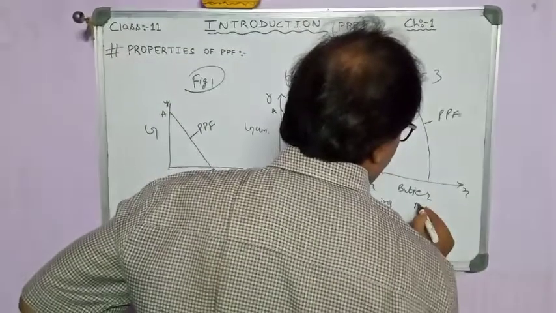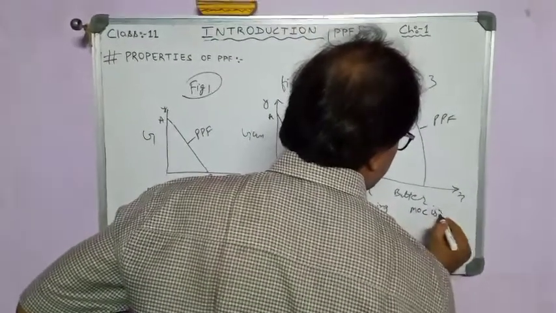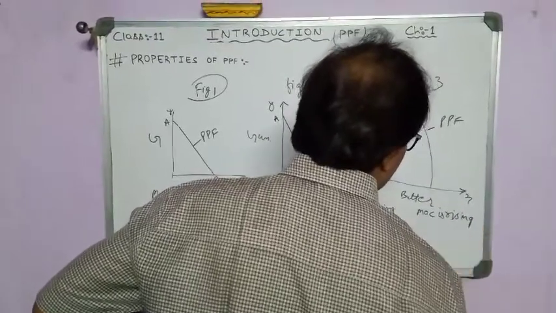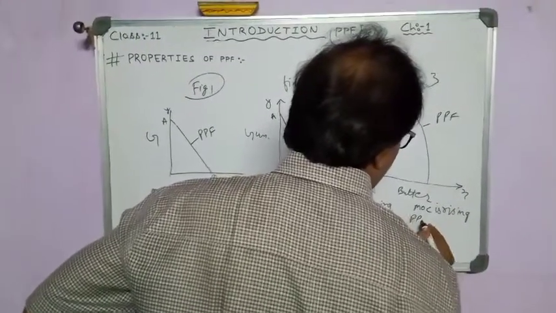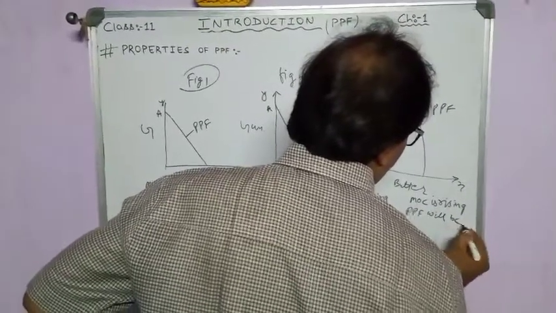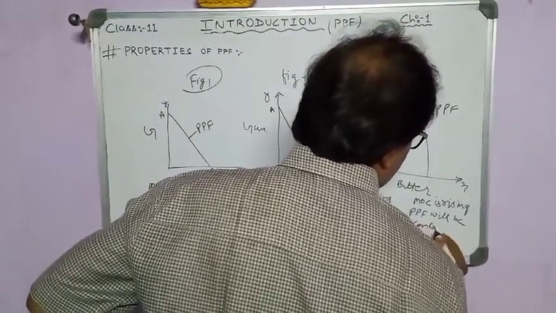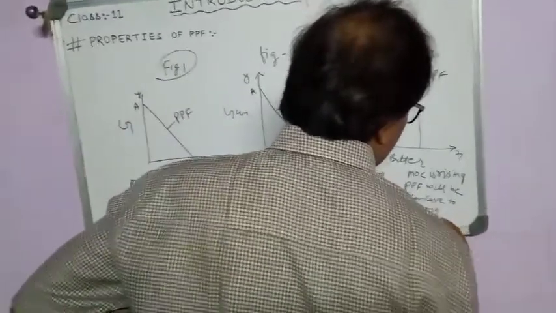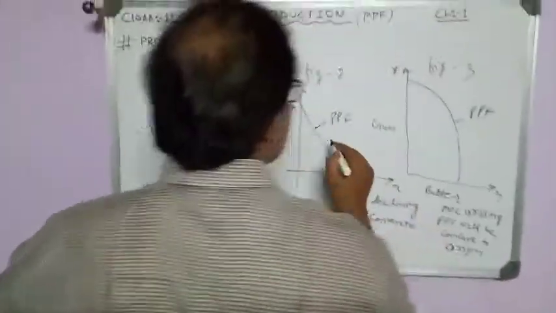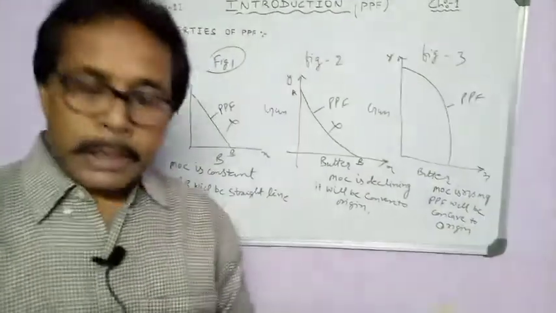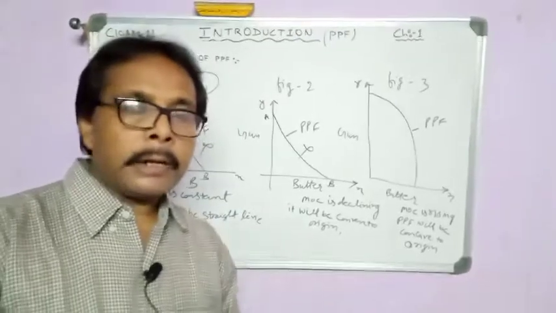And if MOC is rising or increasing, the PPF will be concave to the origin. The others are not possible because resources are not equal. Is it clear? Okay.